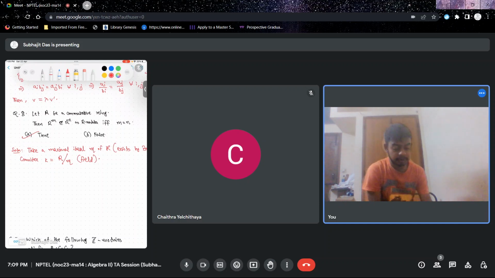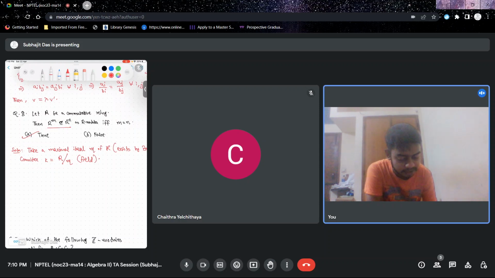Okay, so yeah, I'm rushing into things a bit. We need to prove this is true if and only if this is true, right? So we already know that if m equals n, then they are obviously isomorphic. We need to prove the other direction.